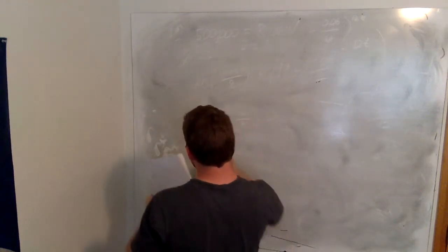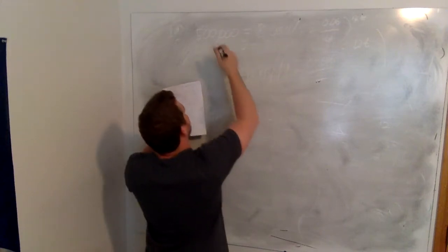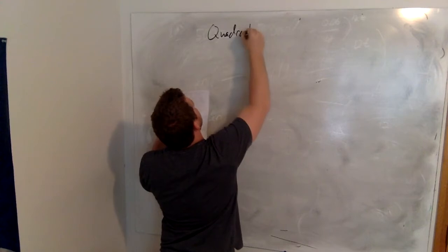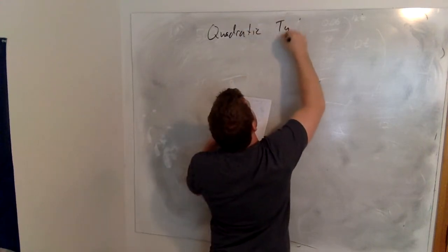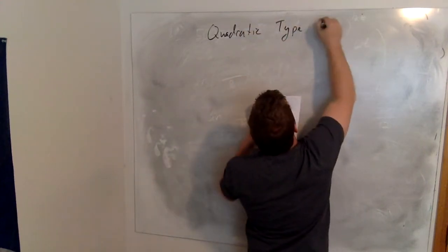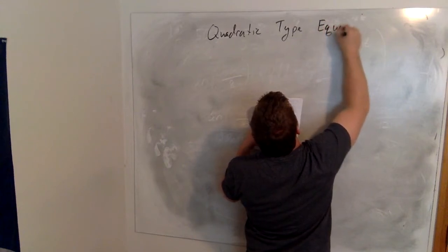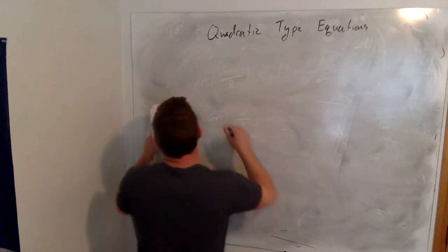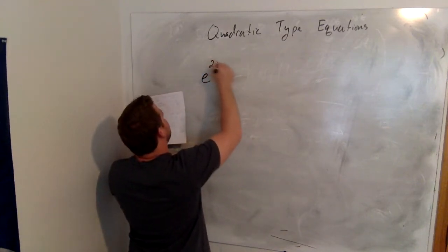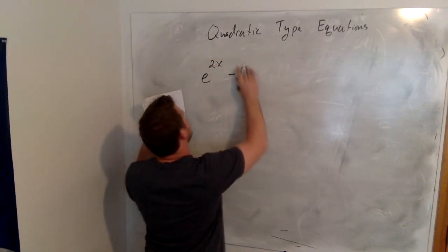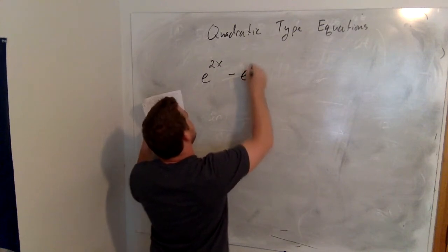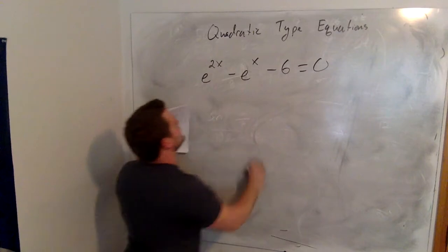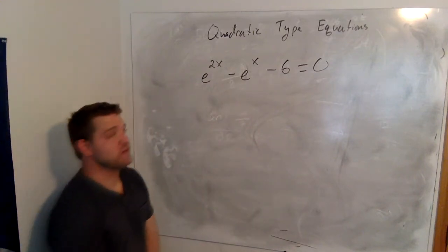These are kind of called quadratic type. Let's say for example that we have e to the 2x minus e to the x minus 6 is equal to 0. Let's say we want to solve this type of equation here.